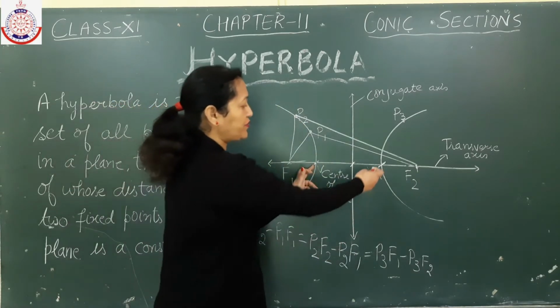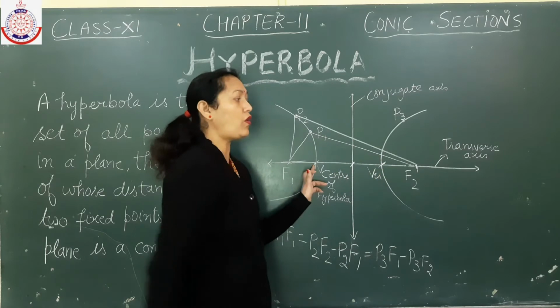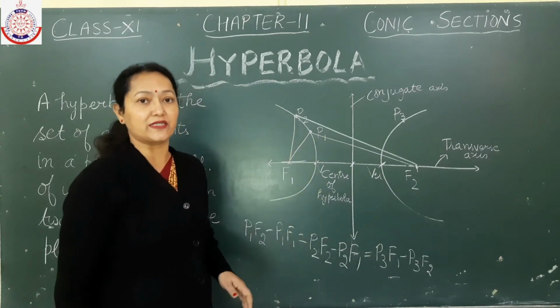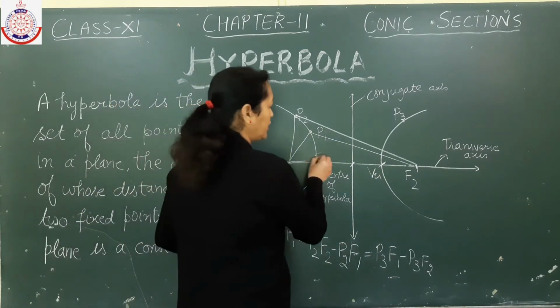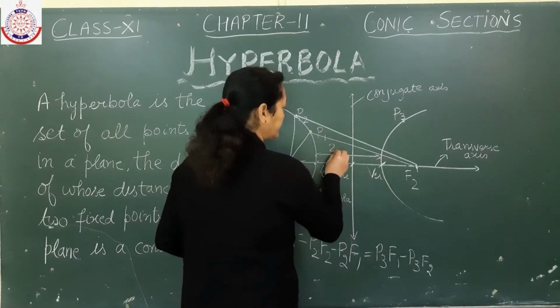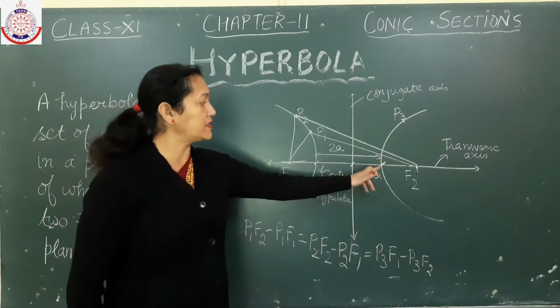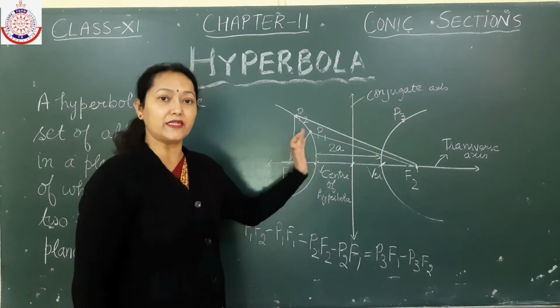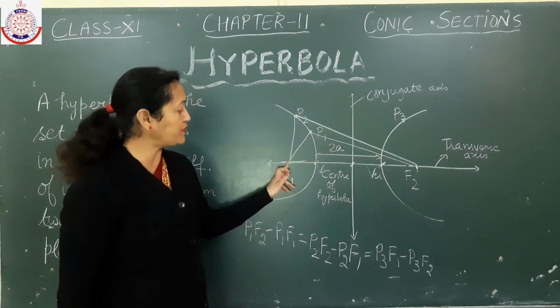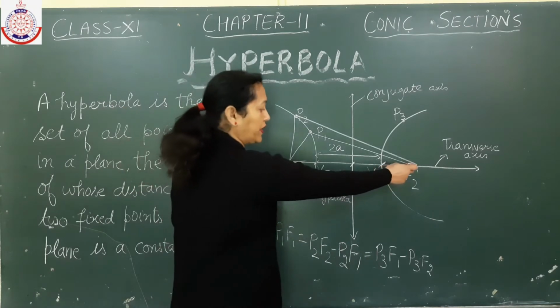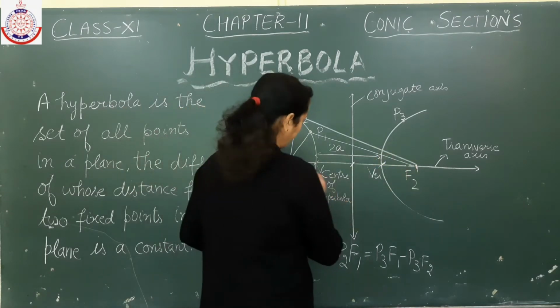Now the distance between the vertices will be called length of transverse axis, and this is given by 2a. Distance between two vertex points is length of transverse axis, that is 2a. And the distance between two focus points, two foci, is 2c.